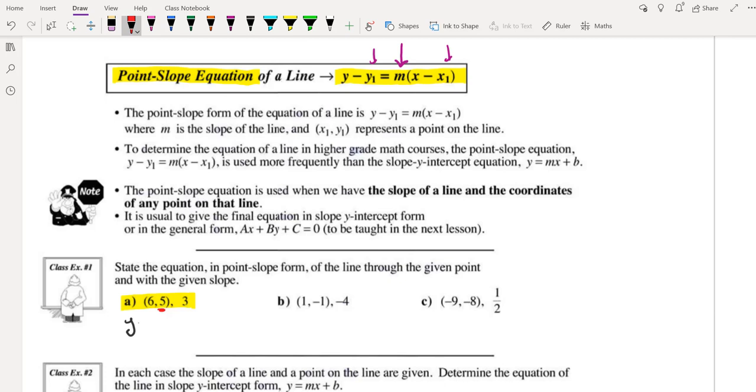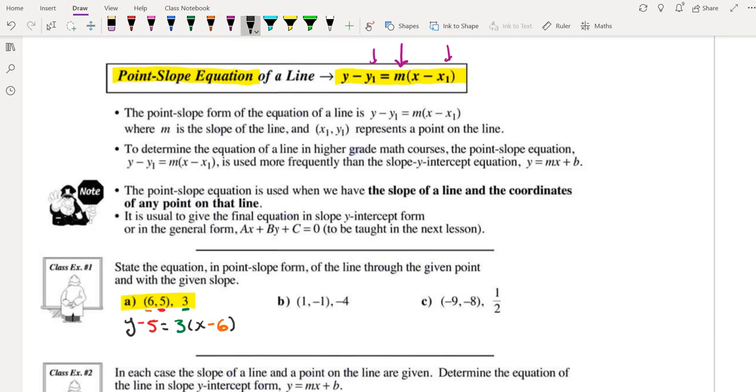So we go minus 5, equals our slope, which is 3, times, in brackets, x minus its x value. So our x value here is 6, so minus 6, and that becomes our equation of the line.